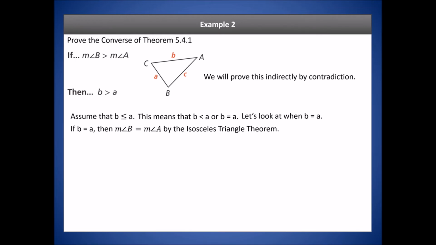Well, then this means that B is less than A or B is equal to A, either one of those, right?